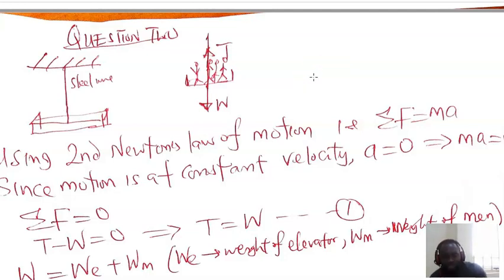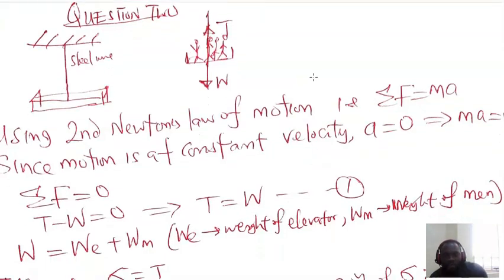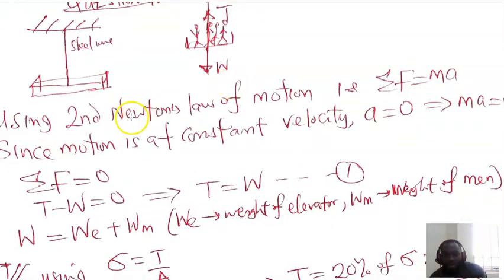What do we do? We understand from the second law of motion that summation F equals ma. But meanwhile, we are told that this lift elevator is moving at constant velocity. That implies that acceleration is 0.